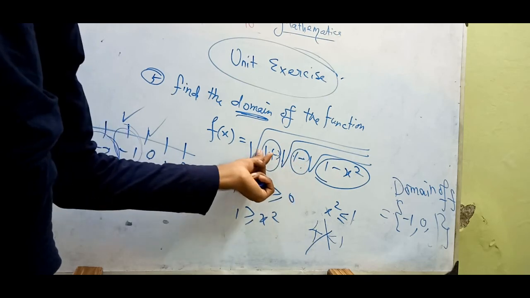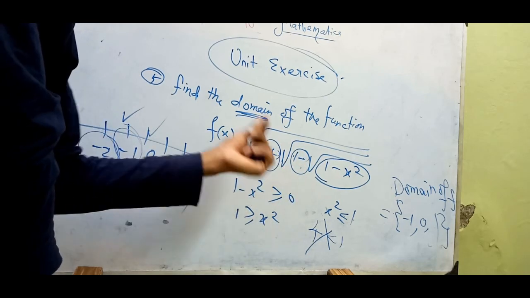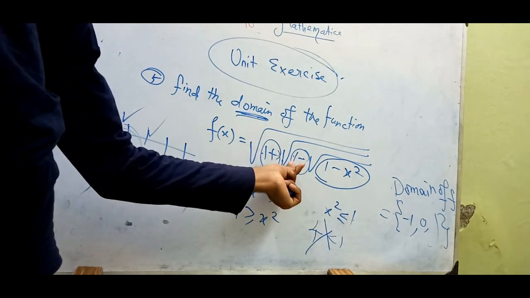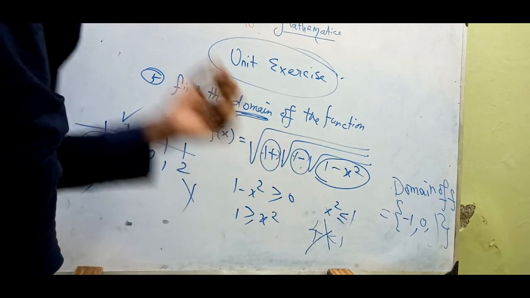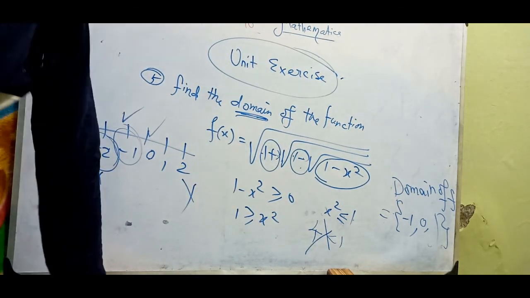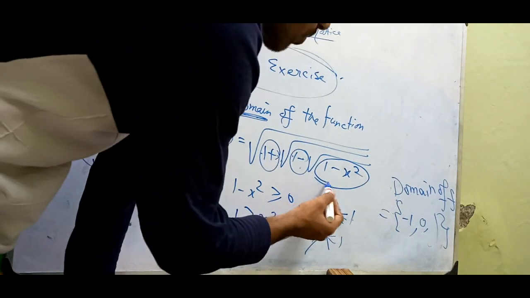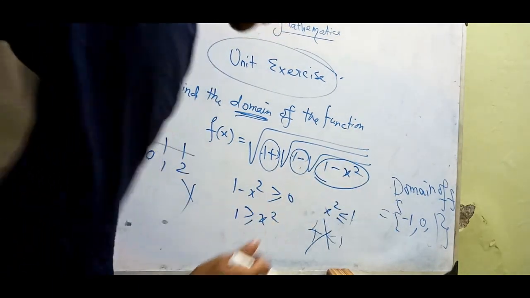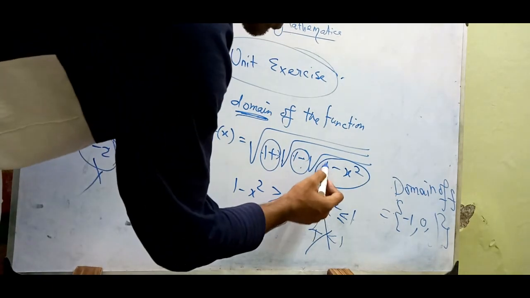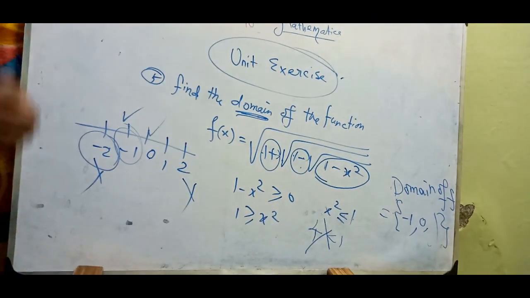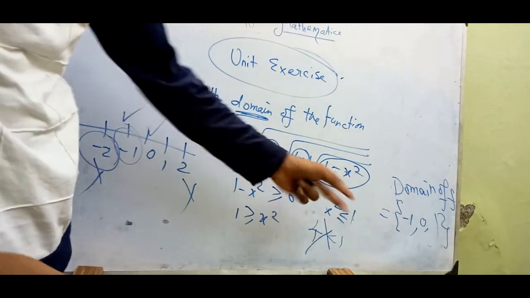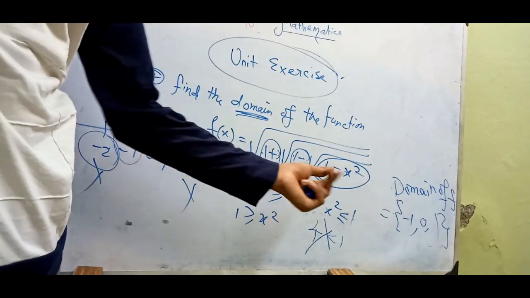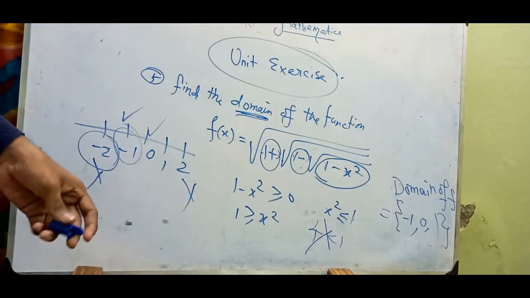This one is a number which is obviously positive, and this number is also obviously positive, plus 1 plus 1. So we do not need to take these values. We only need to take wherever the variable is located. Here 1 minus x square is the variable, and we need to know whether x is allowed or not.